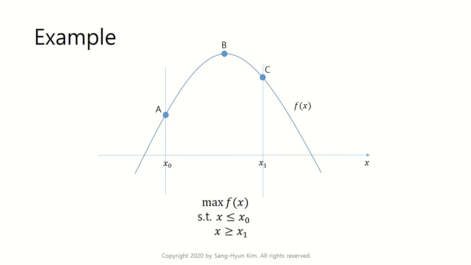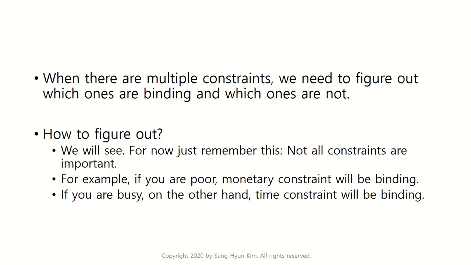So what I wanted to emphasize is this: when there are multiple constraints, and in our class we are gonna consider many maximization problems with multiple constraints, we need to figure out which ones are binding and which ones are not.